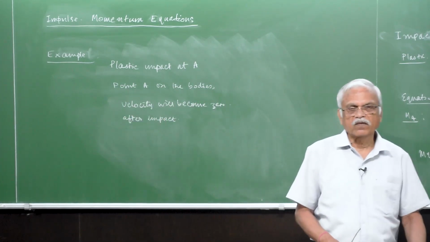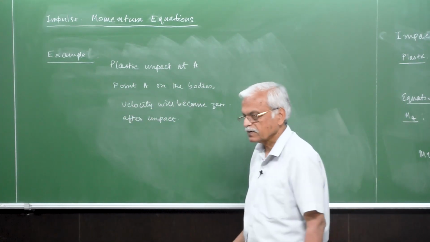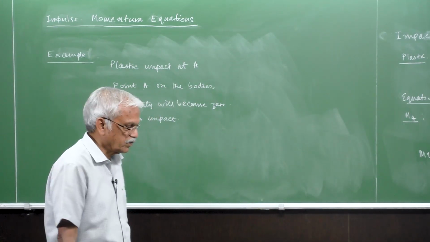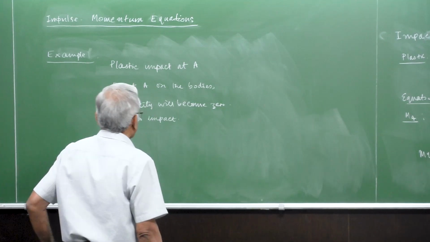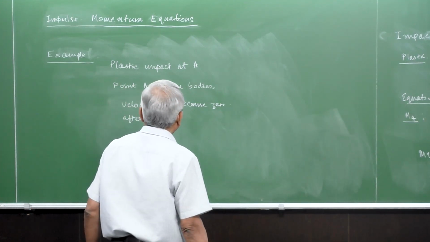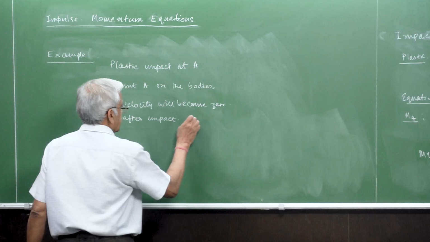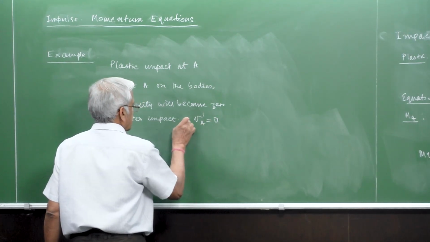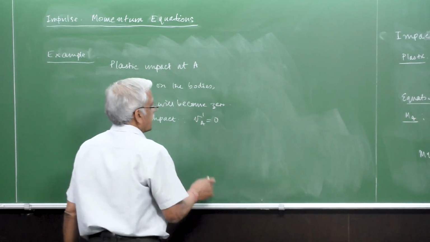Since the ground obviously has a 0 velocity, the corner A of the body also will come to a 0 velocity after the impact. So what does that mean? That means VA prime will be 0.